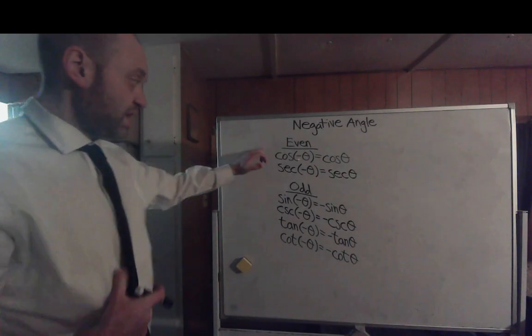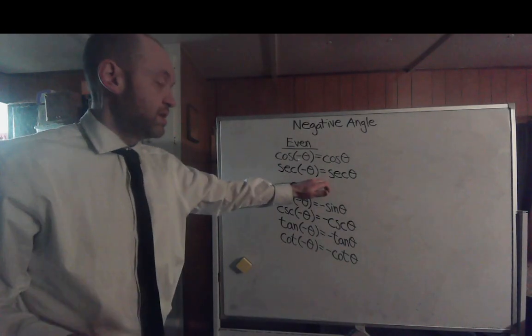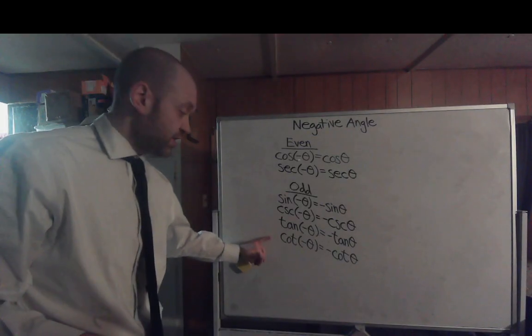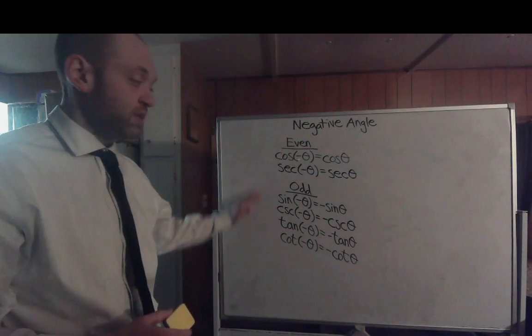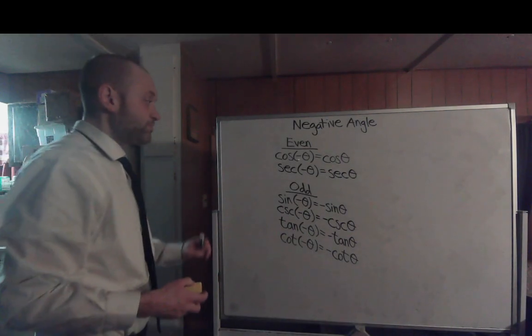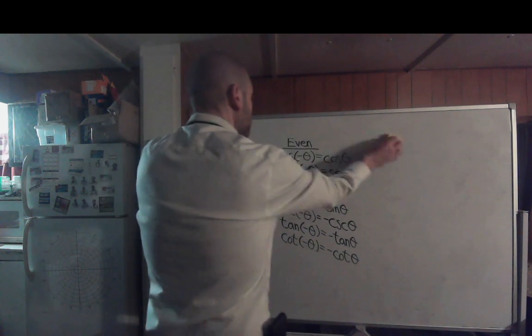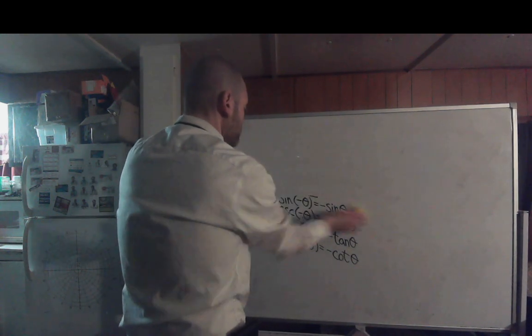So cosine and secant are even, and then all of the other four functions are odd functions. So these are really going to help us. Now we're going to simplify some expressions here. We're going to put what we just talked about to work.